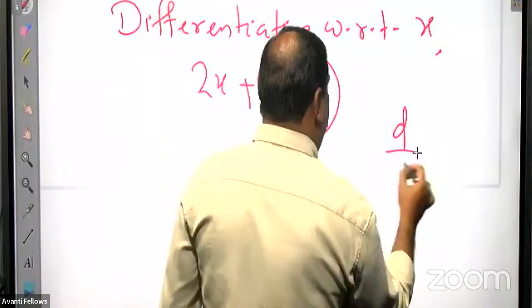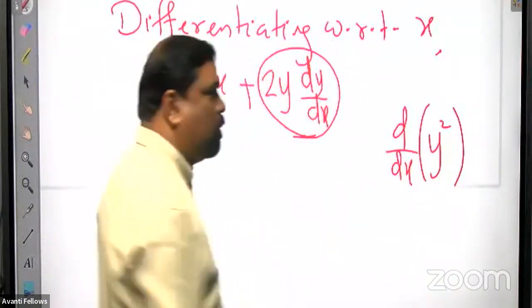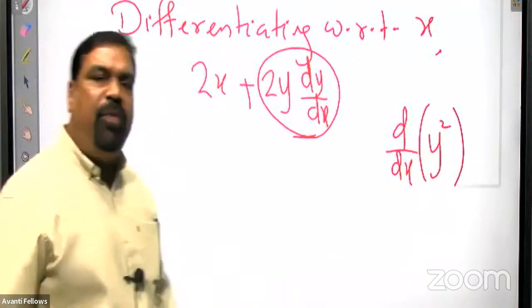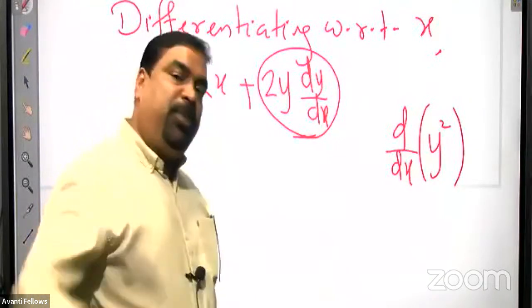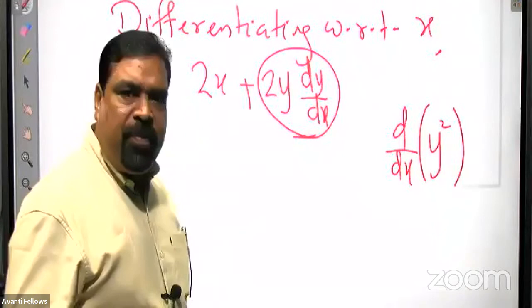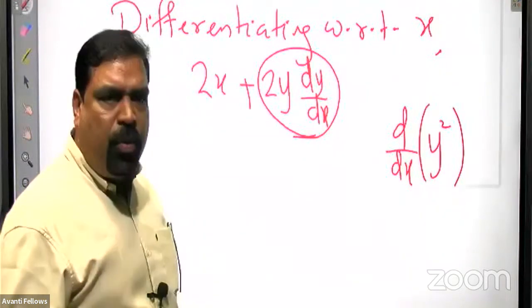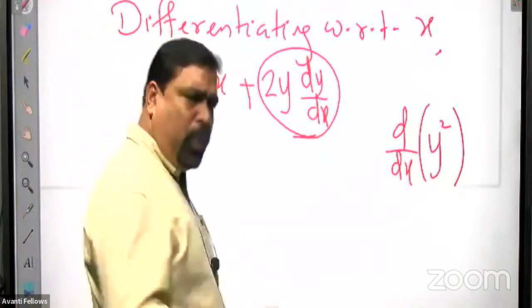In the second term, what we are doing is d by dx of y square. Differentiation is with respect to x. So is it 2y? No, it is not only 2y, it is 2y into dy by dx. How does it come actually? Using the chain rule only.